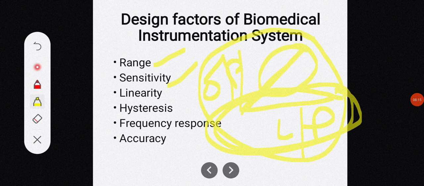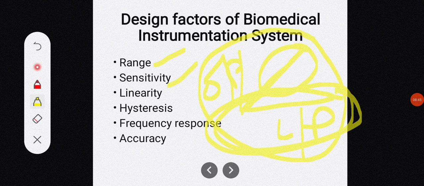But if the calibration curve is non-linear, then the sensitivity is not constant and it is a function of the input signal. Here I have used the term sensitivity, which is the ratio of output to input. In electronic system measurements, the term gain is used instead of sensitivity, whereas in mechanical instruments you will see the term amplification instead of sensitivity.